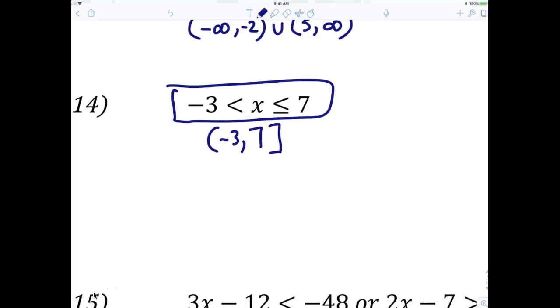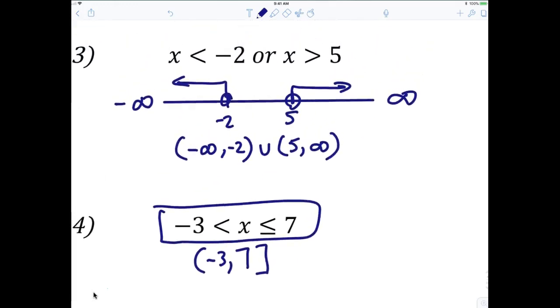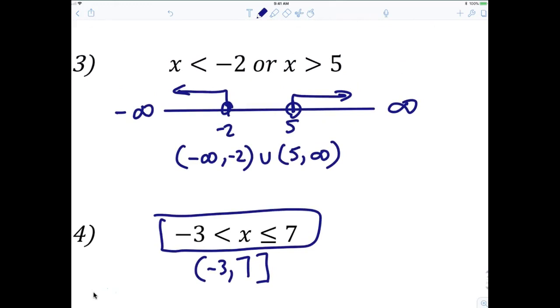Which one do you want me to look at? 13. Let's take a look at 13 for a quick second. Yeah. Right, but listen, I would want you now to try to understand numbers. So in your head, I want you thinking about less than -2 or what?